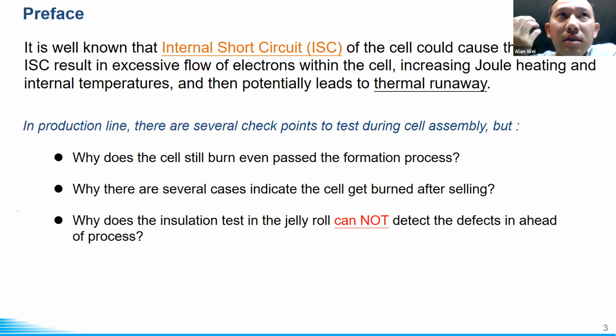Why are potentially dangerous products still shipping to end customers? And the final question: why can the insulation test in the jelly roll not detect the defect in the head of a process? So today we are trying to give you some ideas and try to answer those questions.